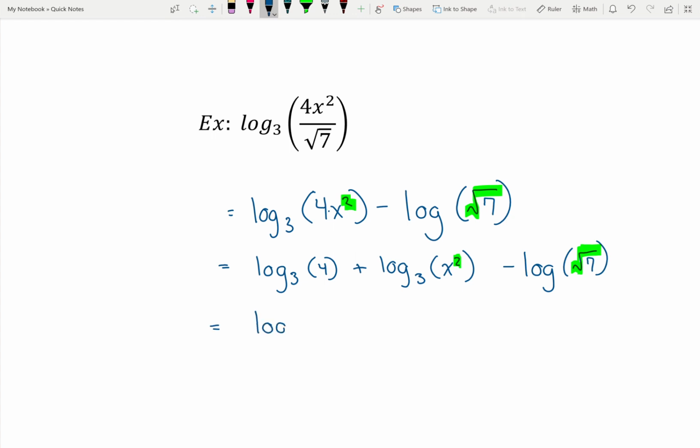So we have log base 3 of 4 plus, dropping down that exponent, 2 log base 3 of x minus, dropping down that exponent, 1 over 2 log of 7. Oh wait, there should be a base 3 here. I'm crazy.